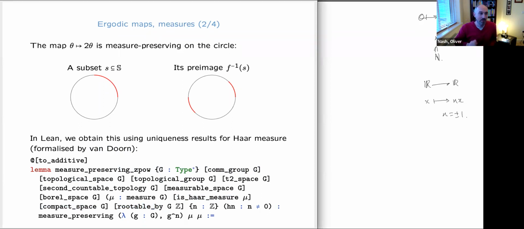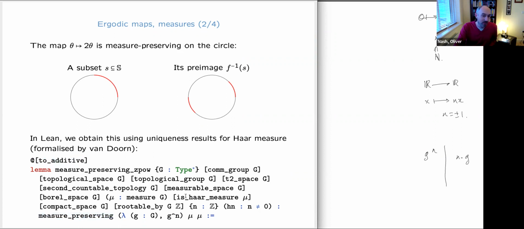You can take 1 over n times any element of the circle. And then in that case, the power map, in the case of the circle, is just the n. So g to the n multiplicatively is just n times g additively. And we have a 2 additive here. So we're saying, well, then we have a measure preserving map.